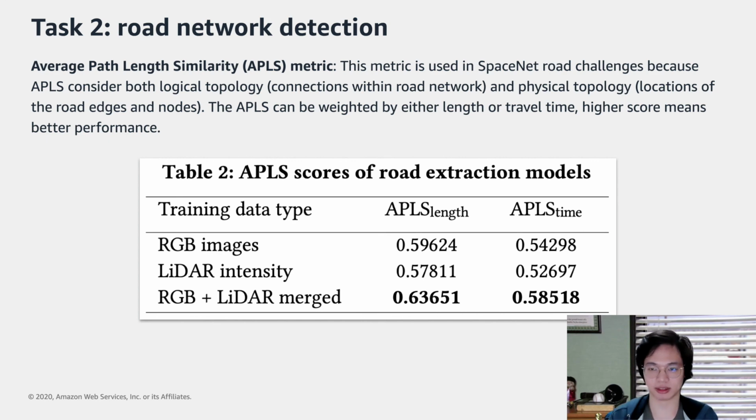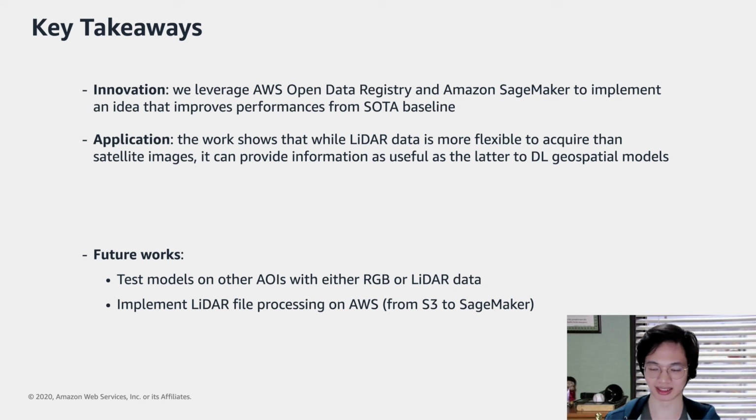And this metric is used in SpaceNet road challenges because APLS considers both logical topology, which is the connections within the road network, and physical topology, which is the locations of the road edges and nodes. The APLS can be weighted by either length or travel time. Higher score means better performance. In this case, the RGB and LiDAR combined model achieves the best score. While we can see that the LiDAR intensity doesn't score that bad, it's just a few points different from the RGB model.